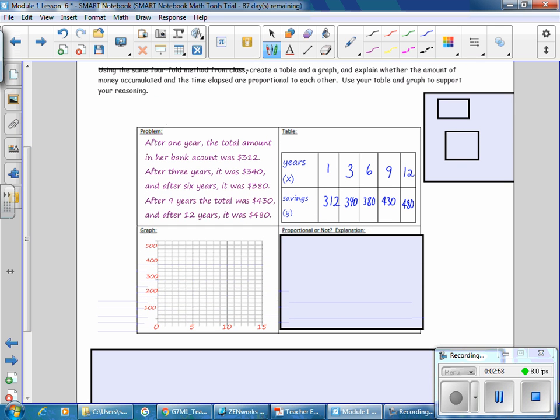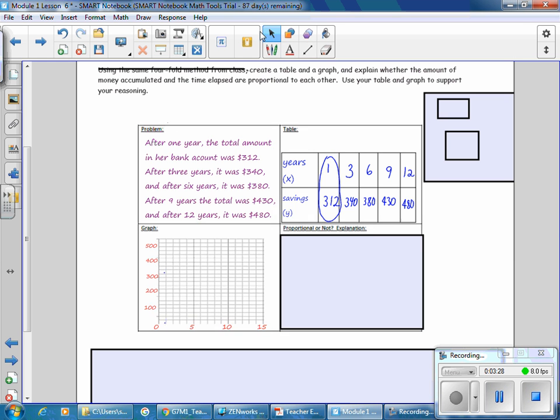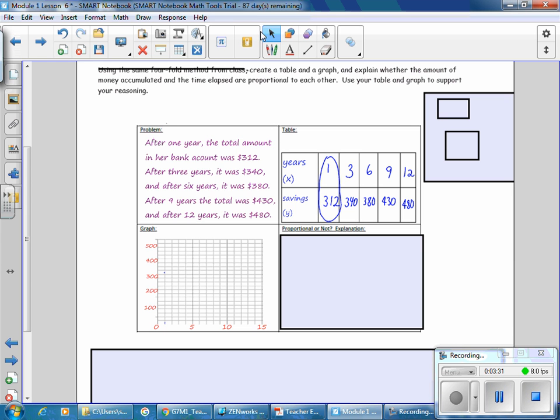It says use your table and graph to support your reasoning. So the next thing we want to do is graph our data. Our ordered pairs: we've got 1 and 312. So on our years on the x-axis, we go over to 1 year, and then we go up to 312. Here's 300, and these go by 25, so this would be 325 right there, and we need to move that just a bit down to 312, right about there.